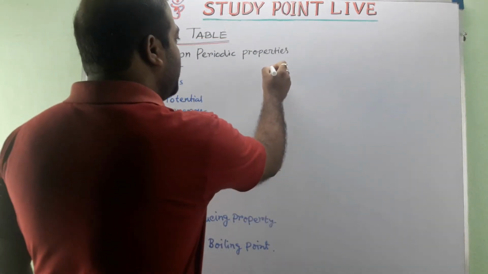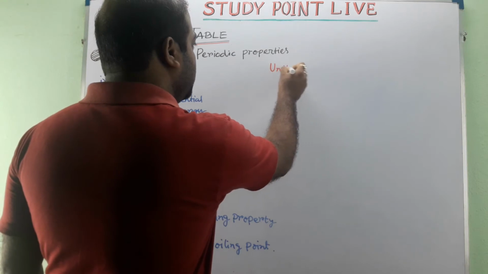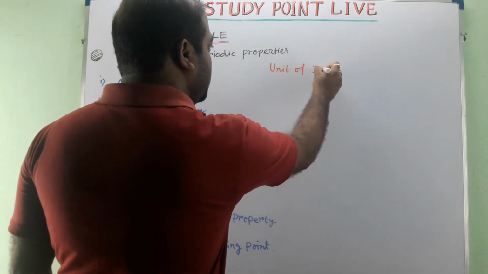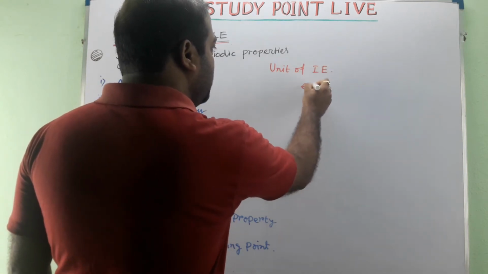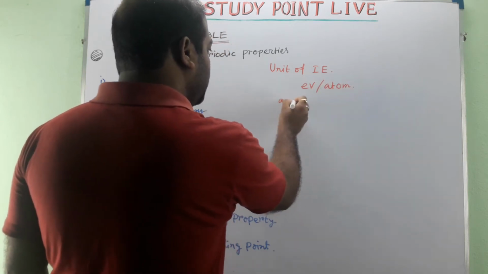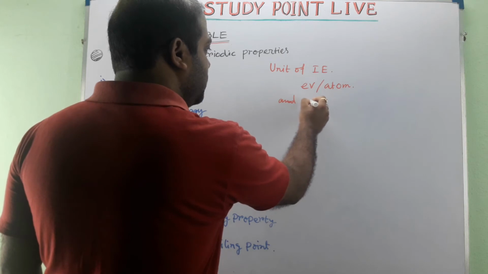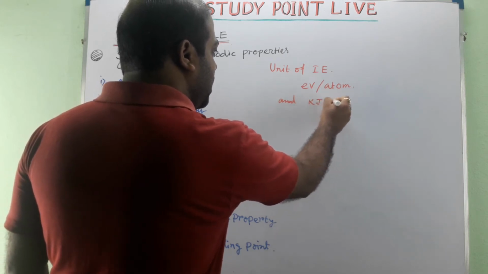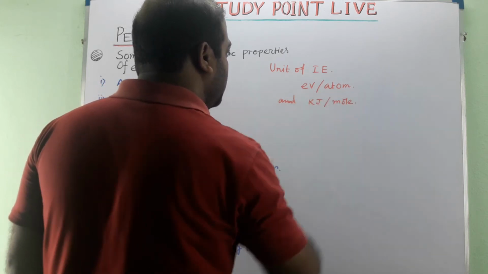The unit of ionization energy is electron volt per atom and kilojoule per mole.